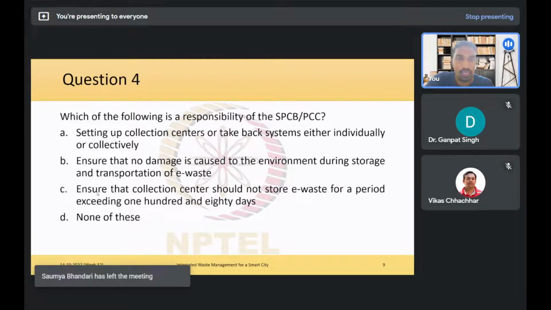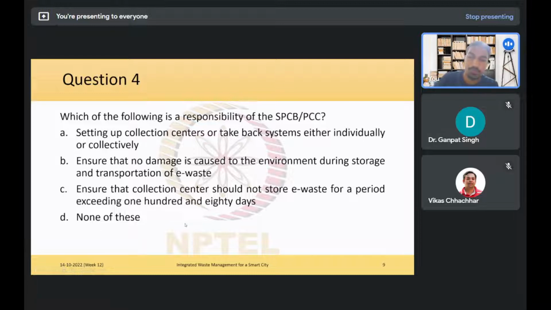Option C, ensure that collection centers should not store the e-waste for a period exceeding 180 days. Option D is none of these. So, which of these is the responsibility of the Pollution Control Board, specifically the State Pollution Control Board?